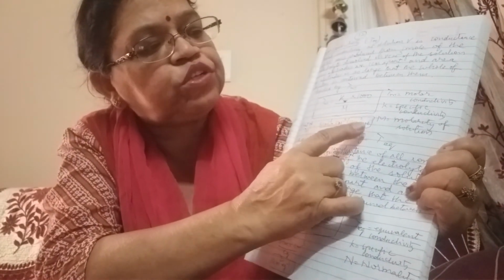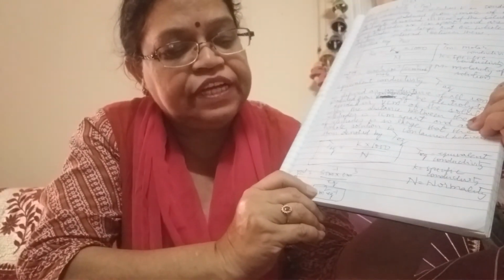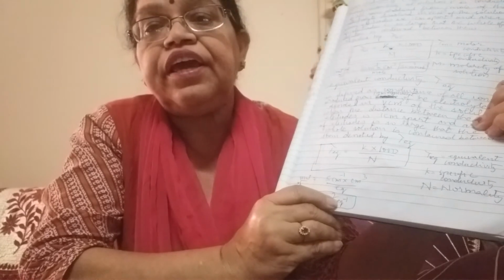If you see this, it will be Siemens centimeter square mole inverse. This is the unit of molar conductivity. Similarly, for the unit of equivalent conductivity, Siemens centimeter inverse was the unit of kappa, into centimeter cube divided by equivalent. So this will become Siemens centimeter square equivalent inverse.